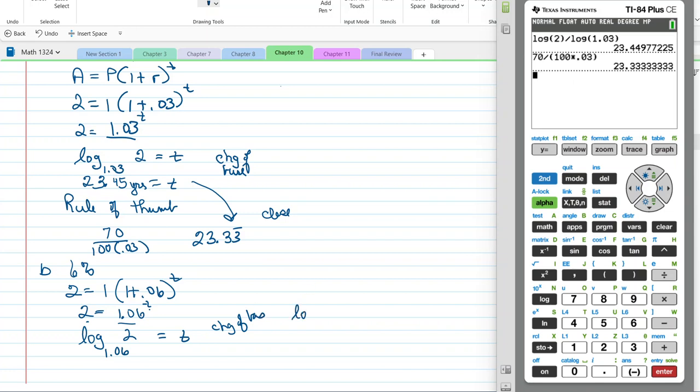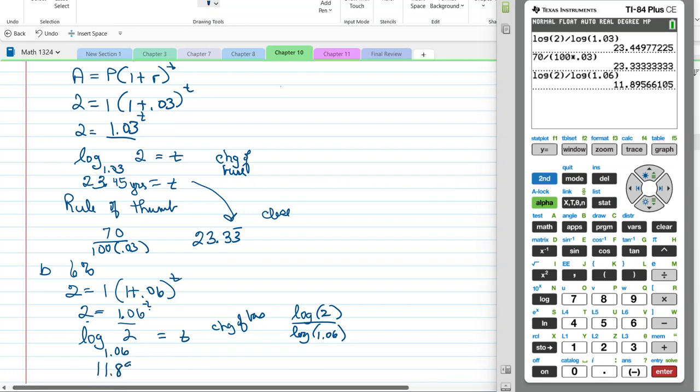The calculator is going to be log of 2 divided by log of 1.06. And I get 11.895, about 11.9 years.